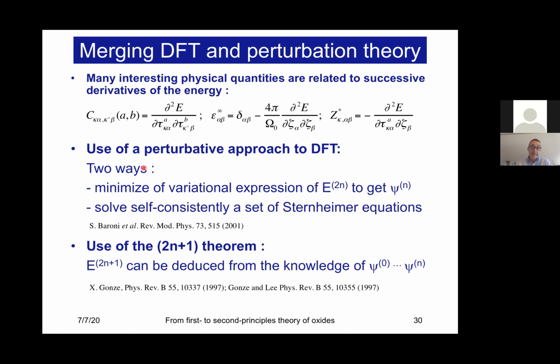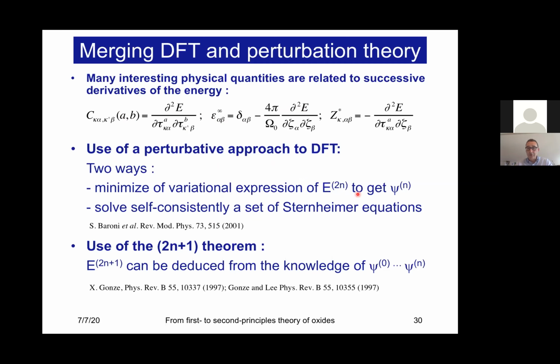And so basically many physical quantities are related to successive derivatives of the energy. And so these quantities are also accessible through a perturbative approach in density functional theory. So there is density functional perturbation theory that has been developed. And then from this, we can access the derivative of the energy either by finite difference or using a perturbative approach, using either a variational expression or solving a self-consistent set of Sternheimer equations.